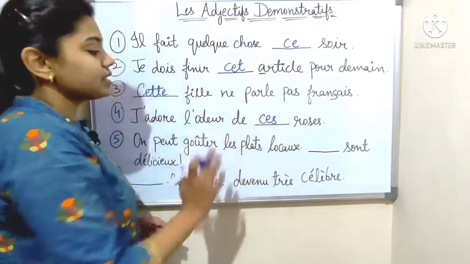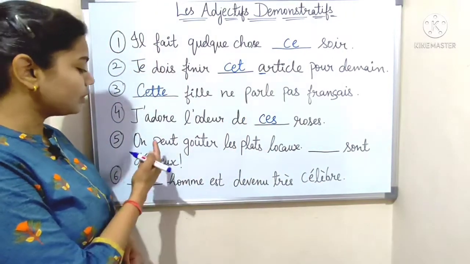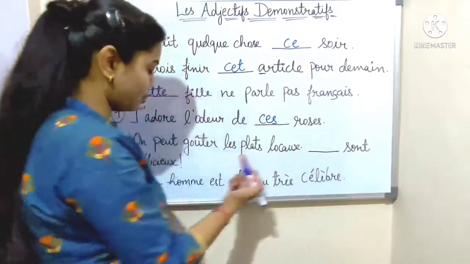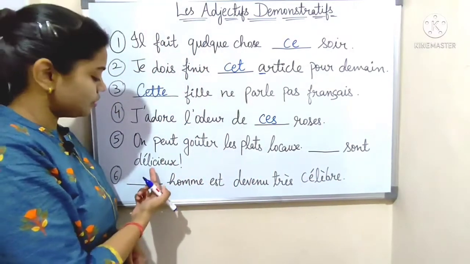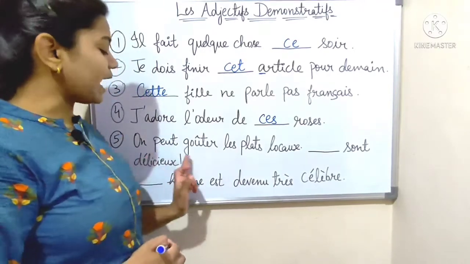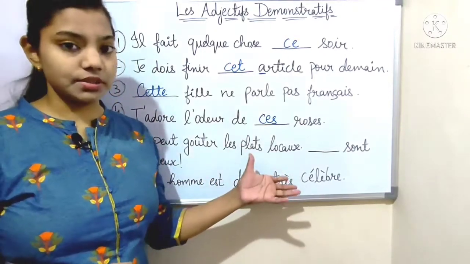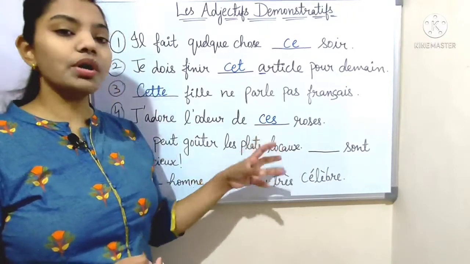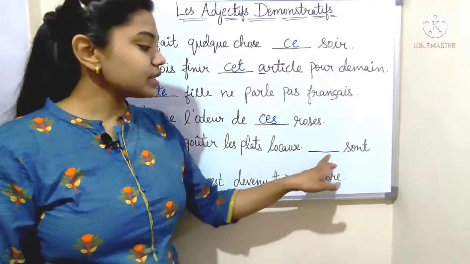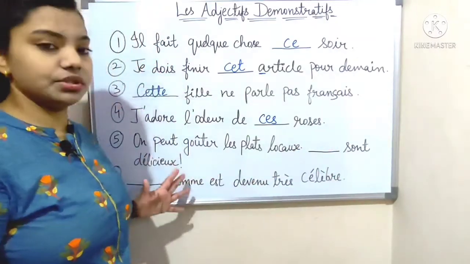Now number 5: on peut goûter les plats locaux dash sont délicieux. We can taste the local dishes. Plats locaux means local dishes. These are delicious.